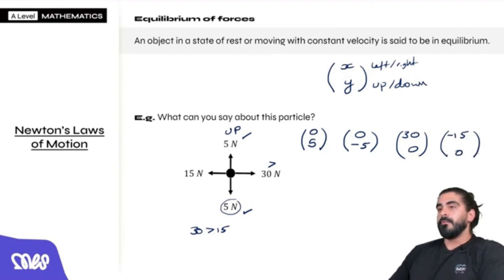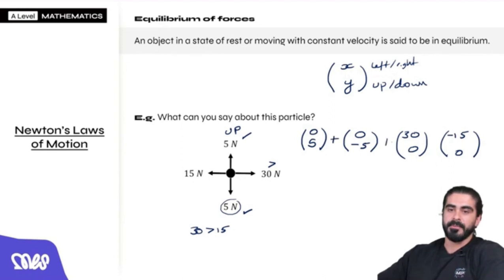Now the beauty of vectors is that once all forces are in vector form, to get the net vector we just add all of them together. If you read the top row, 0 plus 0 is 0, plus 30 is 30, subtract 15 is 15. And when you add the bottom line, 5 minus 5 is 0, plus 0 is 0, nothing.